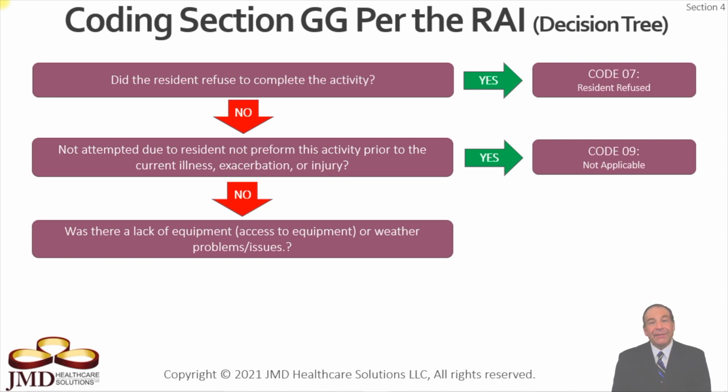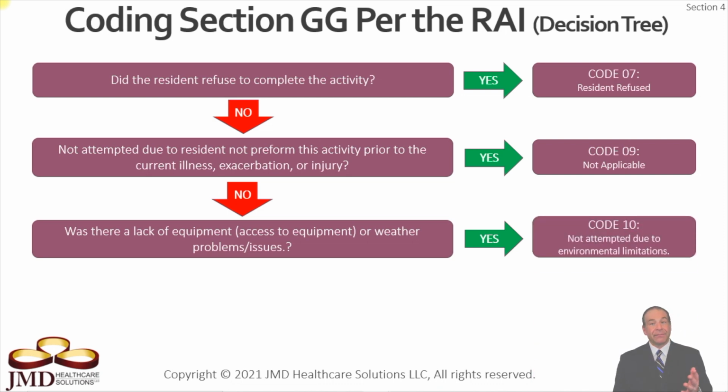But you just did not have the available equipment to even try these things. Then you wouldn't be able to do that. Or say someone is COVID positive and they're in their room. It's not big enough to walk 15 feet straight. Might not be able to do that one either. So it all depends on if it's something just not available to you guys. And if that's a yes, you code that a 10. Not attempted, due to environmental limitations.